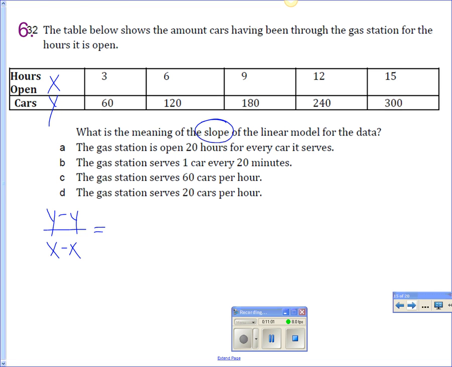Just pick two numbers. So 60 minus, all right, and then what would I put on the bottom? Good, okay. All right, Mary, what do you get for that? Other people should be typing it in too, thank you. Other people should be typing it in, don't say it out loud.